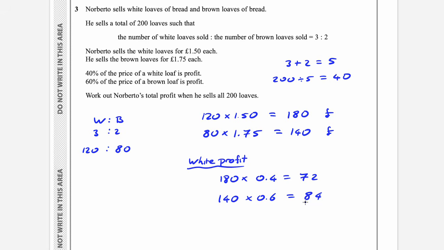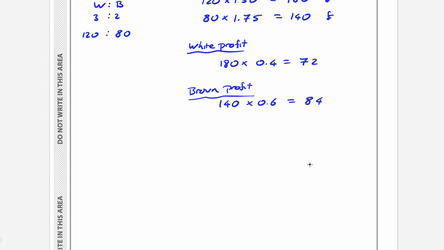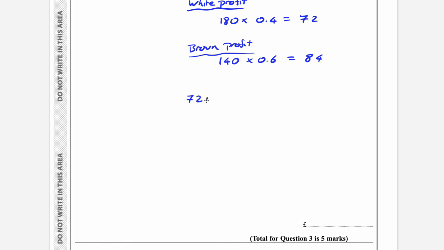So sorry, that's white profit, and this is brown profit. Okay, so the total profit is then 72 plus 84, which is 156.